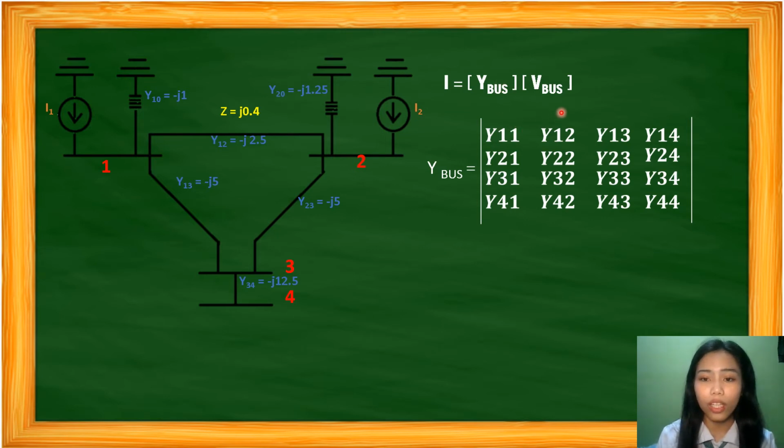For example, in y12 we have the negative of its value, then we have j2.5.